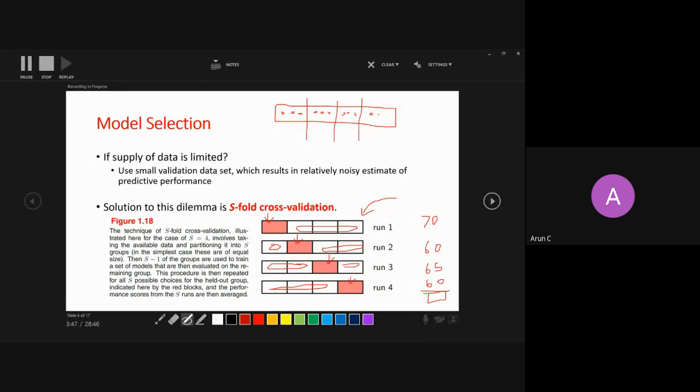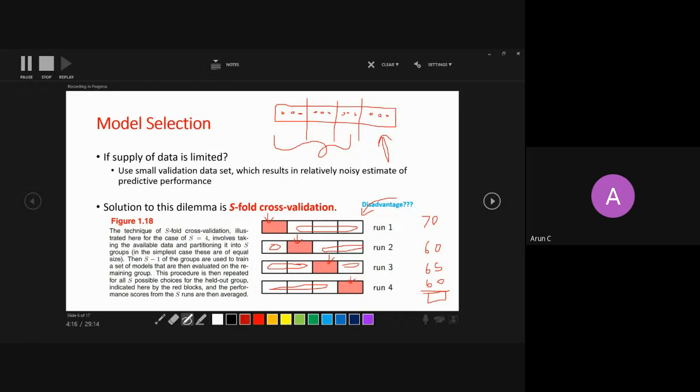So altogether, the data provided to me was 12 samples, but I have divided it into 4 subsets. Now I'm using 3 subsets at a time for training and 1 for testing, and I am doing it iteratively for every subset, right? So now for training I have 9 samples, and for testing, I have 3 samples every time. You got it? Yes, sir. Okay, fine.